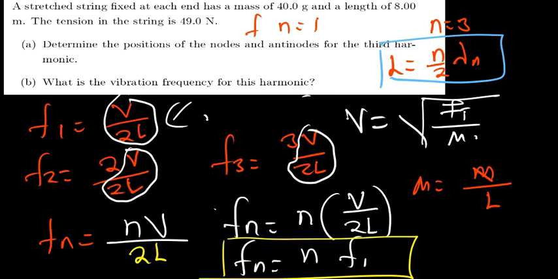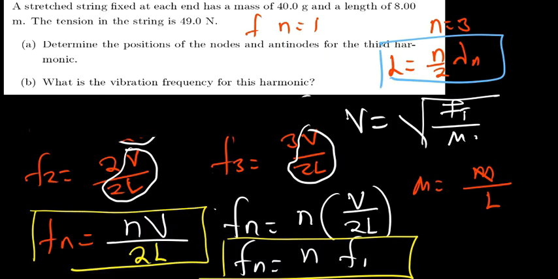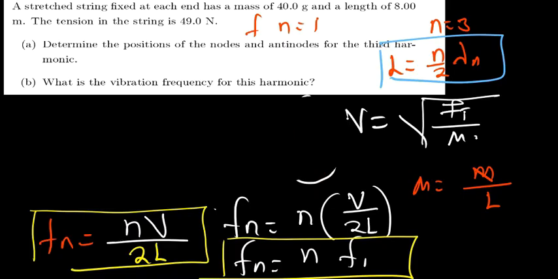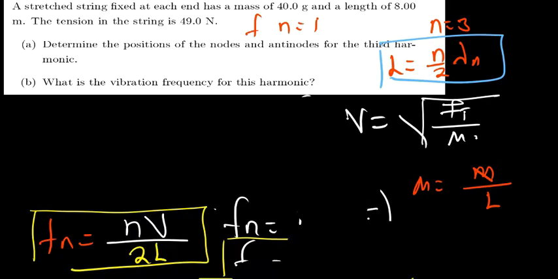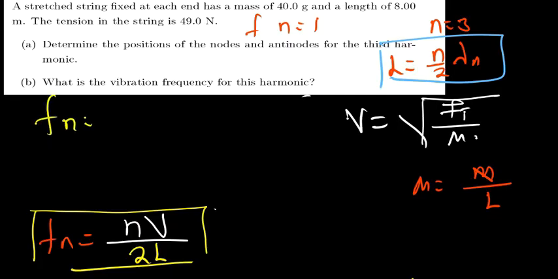So what we want to find is the vibration frequency for this harmonic. So now from this formula, n times V divided by 2L.